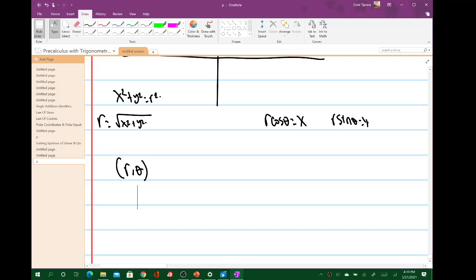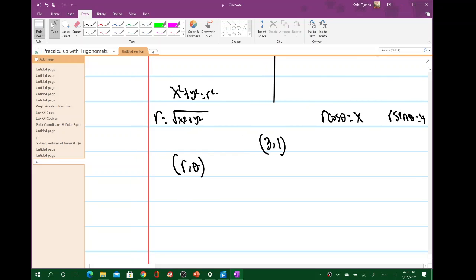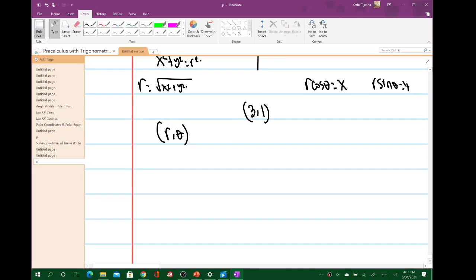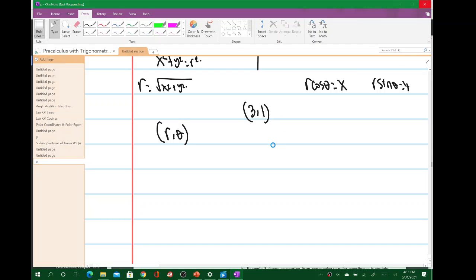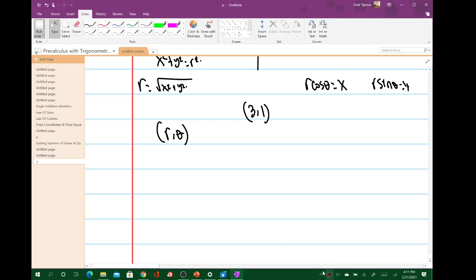Now, let's say we had the point 3, 1, and we want to know what that is in terms of polar coordinates, right? We want it in terms of r and theta.